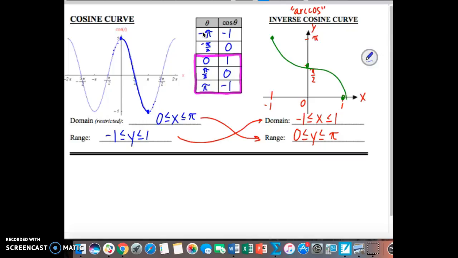Now, thinking of which quadrant our inverse cosine curve would be in on the unit circle, it will be in quadrant 1 and quadrant 2. We need negative values and positive values, and since cosine is negative in the second quadrant, that's why we use quadrants 1 and 2.